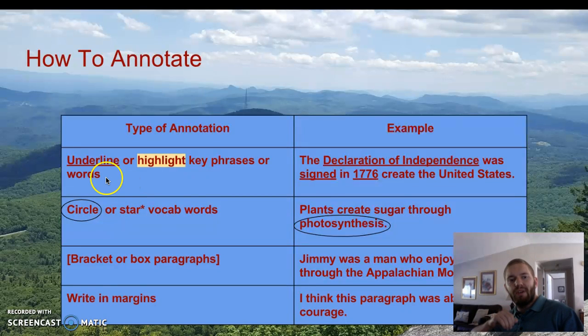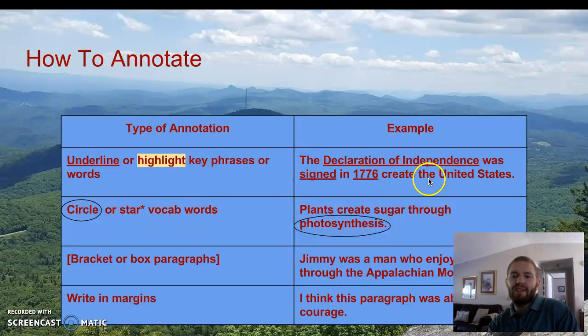So the first one is underlining or highlighting key phrases or words. So this is where you go in and you quickly highlight or underline small bits of info. So you're not going to underline whole sentences or huge chunks of paragraphs, just underlining through and through, because then you'll end up with the example we saw earlier with my textbook.